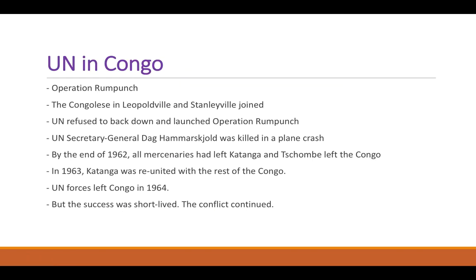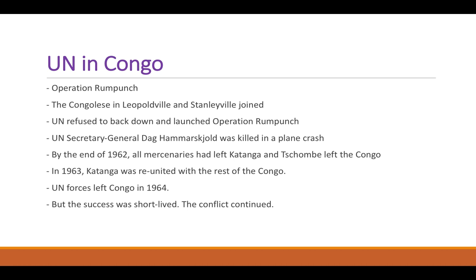So what did the UN do in Congo? They launched Operation Rampage. The Congolese in Leopoldville and Stanleyville joined the affair. So Mobutu's army and Lumumba's supporters joined together. The UN refused to back down and launched Operation Rampage in answer.